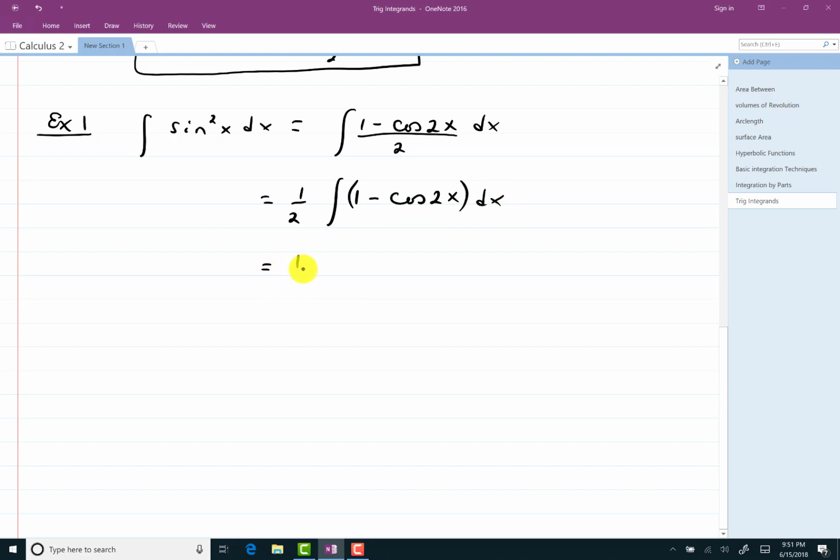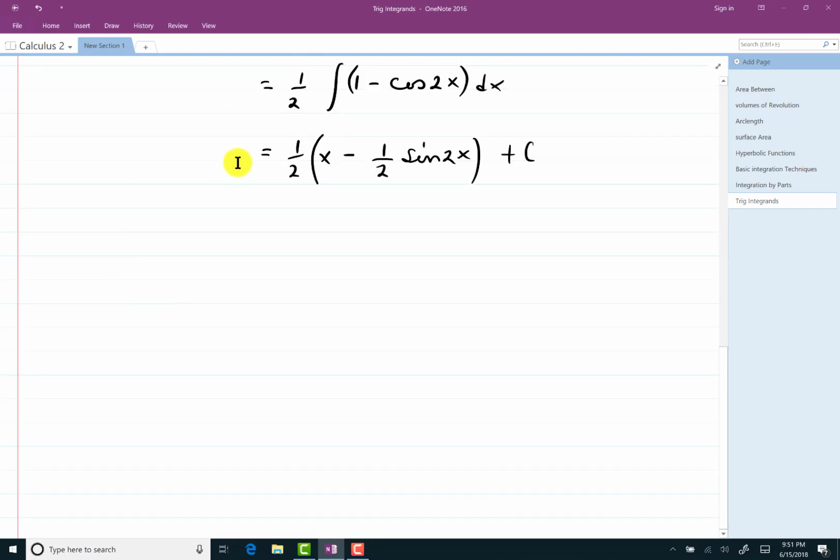And so we get 1/2 x minus, remember here, if you do a u substitution on 2x, du will be 2 dx, but you'll divide by that 2. So what happens is you'll get minus, let me put the 1/2 out there and then I'll distribute in a minute. Then I'll get minus 1/2 sine of 2x. Now we get plus c. You can multiply through by 1/2 if you want. It really doesn't matter. This finishes off the problem.